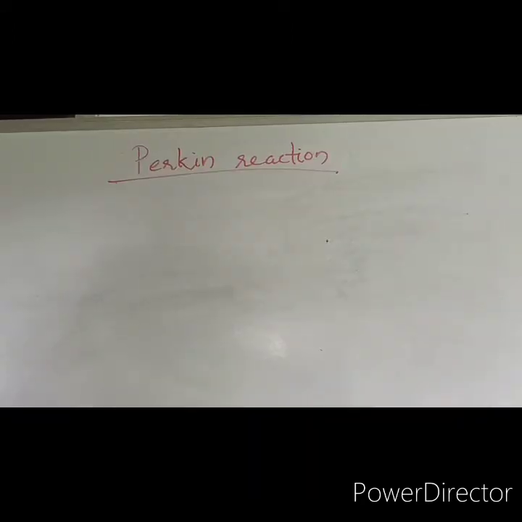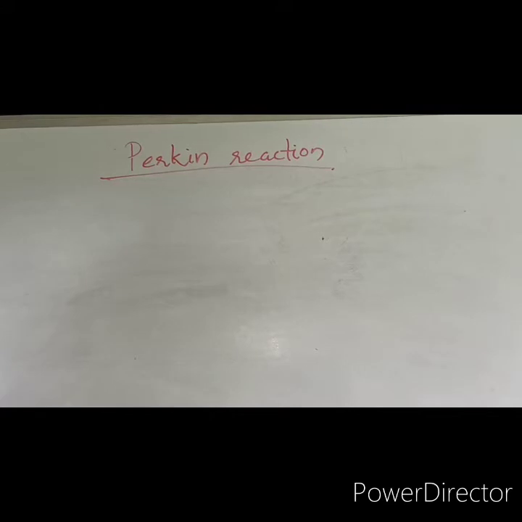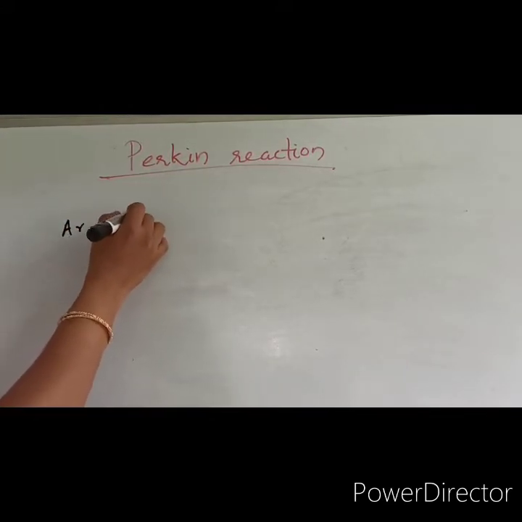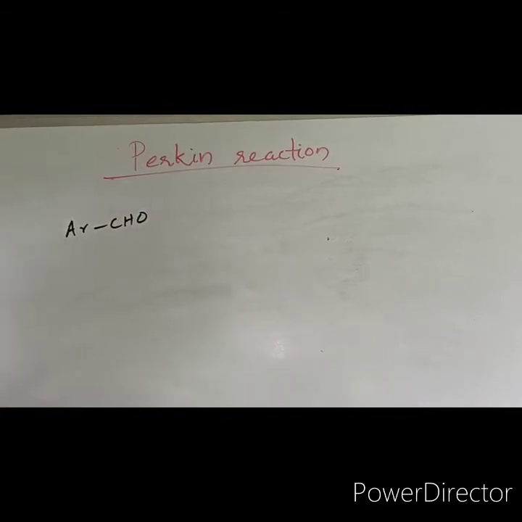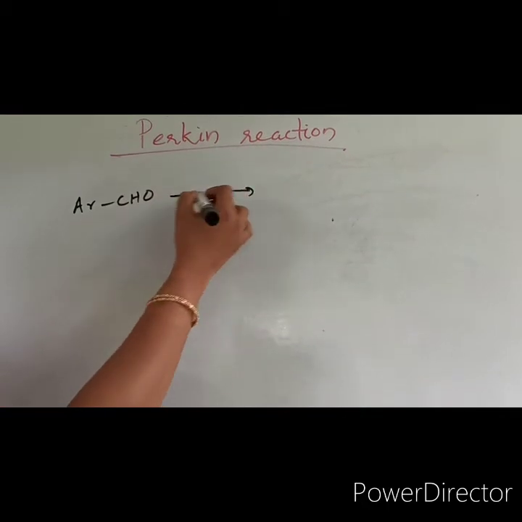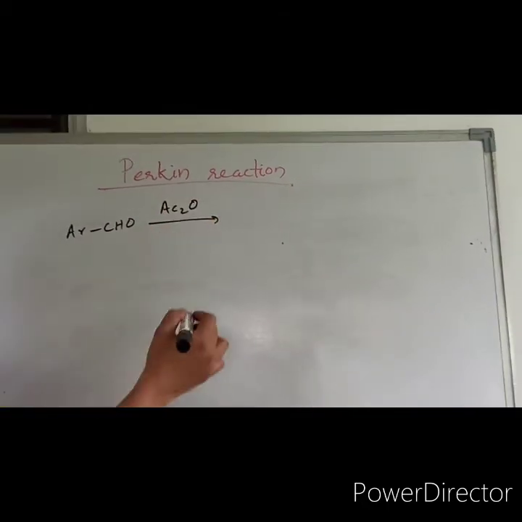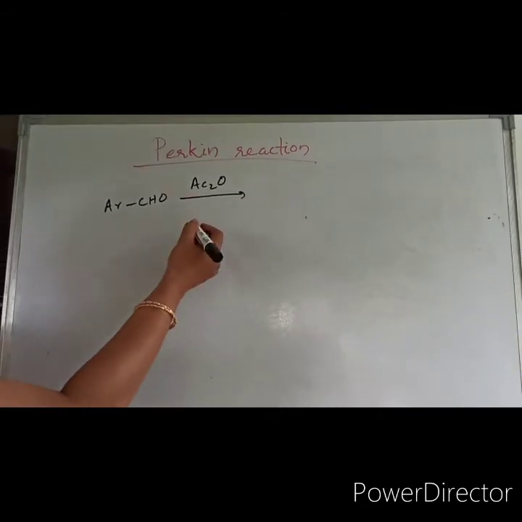Perkin reaction. So the Perkin reaction is a condensation of an acid anhydride with an aromatic aldehyde catalyzed by a carboxylate ion to form an alpha beta unsaturated acid. So the reaction, in short, you can write as the condensation of an aromatic aldehyde with an anhydride catalyzed by its own carboxylate anion.